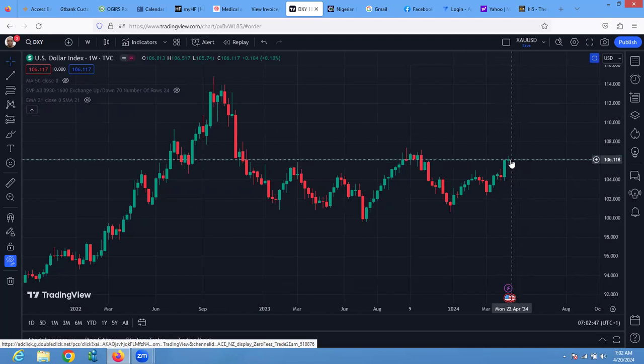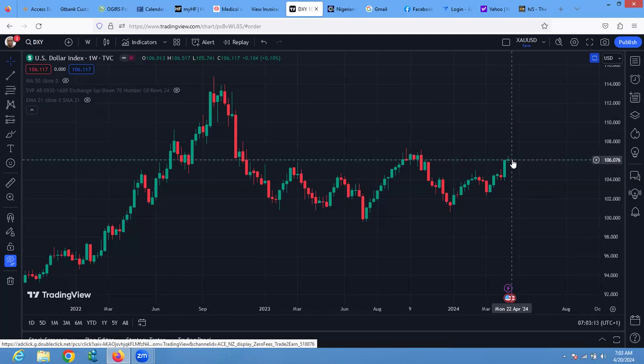The appearance of doji here is different from the appearance of doji here. The appearance of doji here is corrective. But the appearance of doji here with this highly impulsive candle tells us that we are at the end of a move. So this might close.